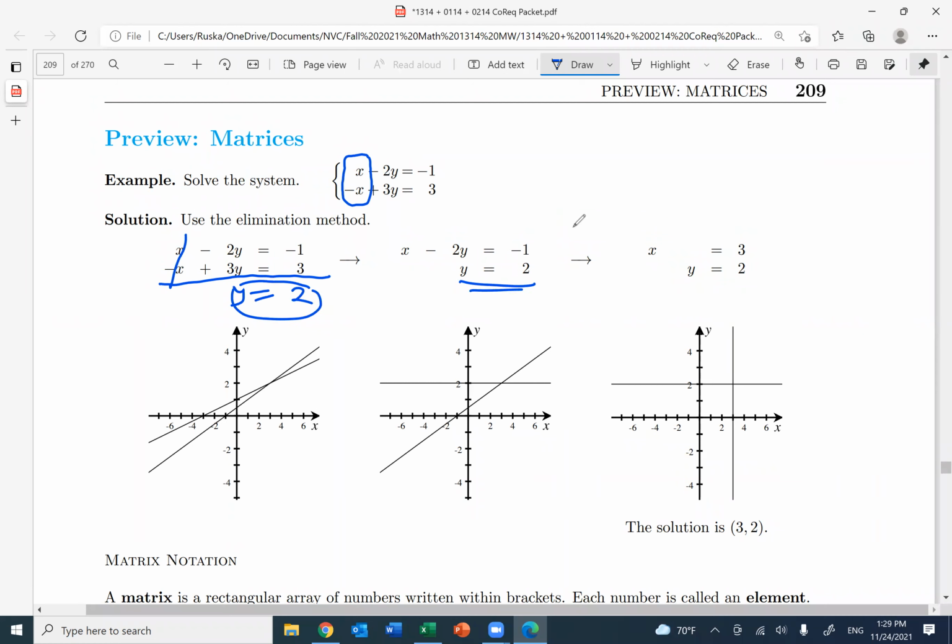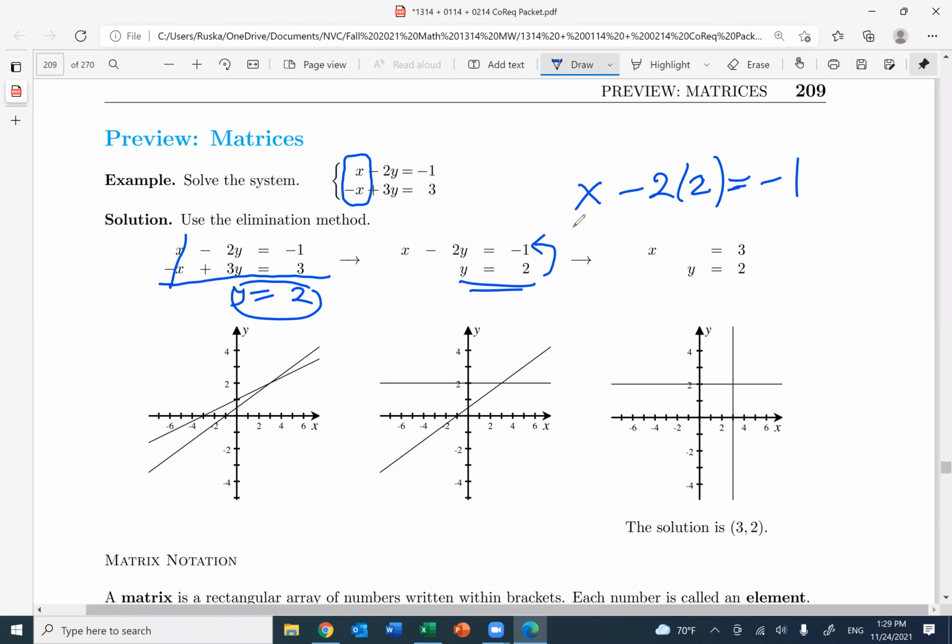And then after you get y is 2, you plug it back into the other equation to find the x. Because I have x minus 2 times 2 equals -1.